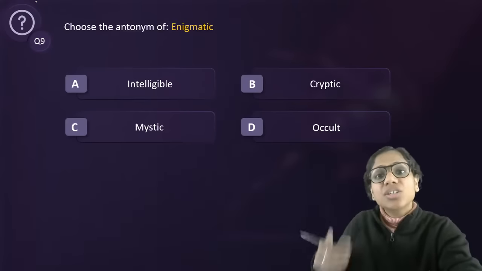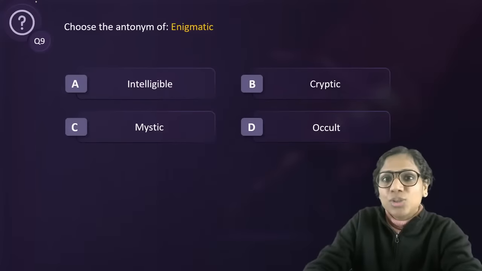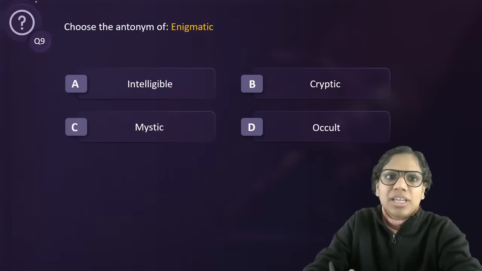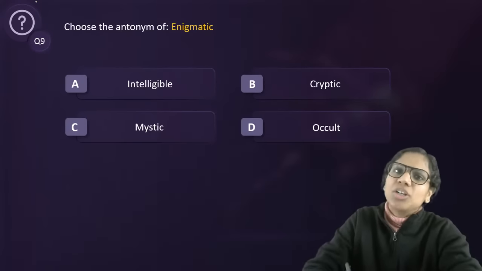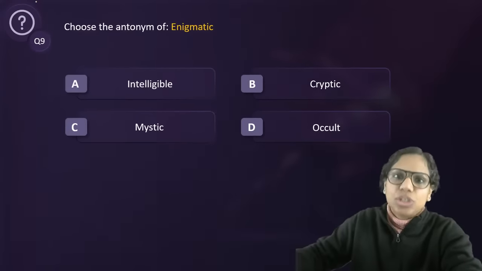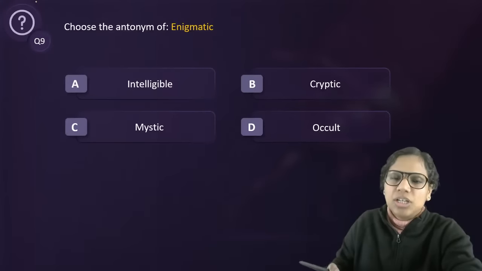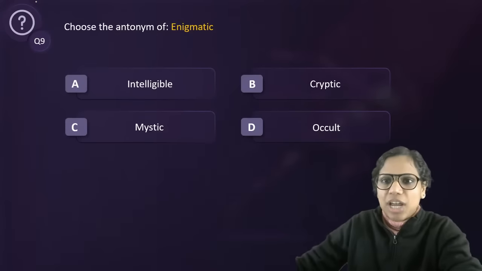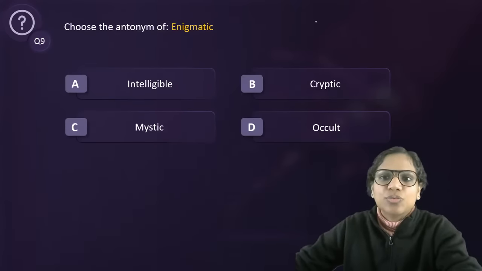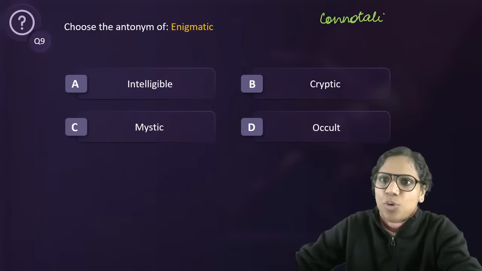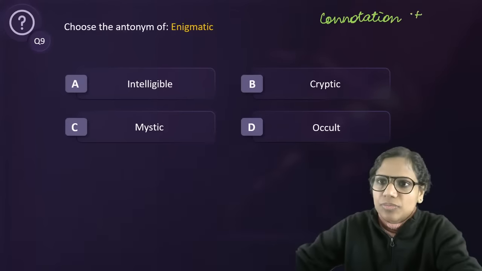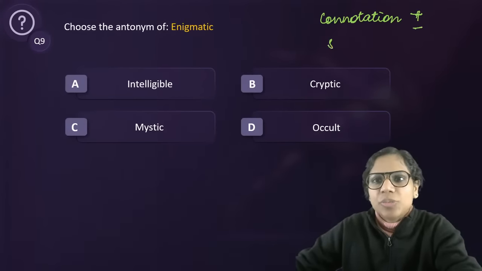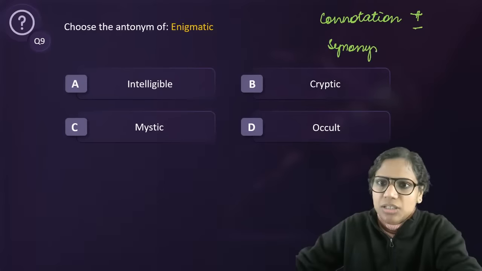However, this is the last resort that I use, because sometimes your exams are not very particular about this rule, that if they are asking the synonym of an adjective, they'll give it in an adjective form only. So it's something that I use as a last resort. Elimination on the basis of grammar. Otherwise, I eliminate on the basis of the image of the word, the connotation of the word, whether it's a positive word, negative word. Then I eliminate on the basis of synonyms or similar words.